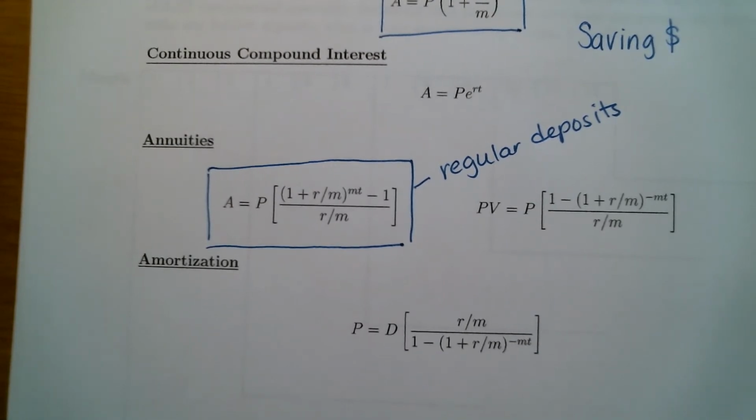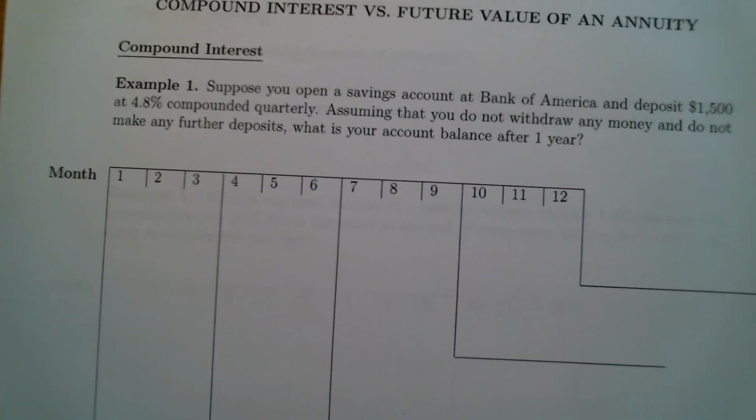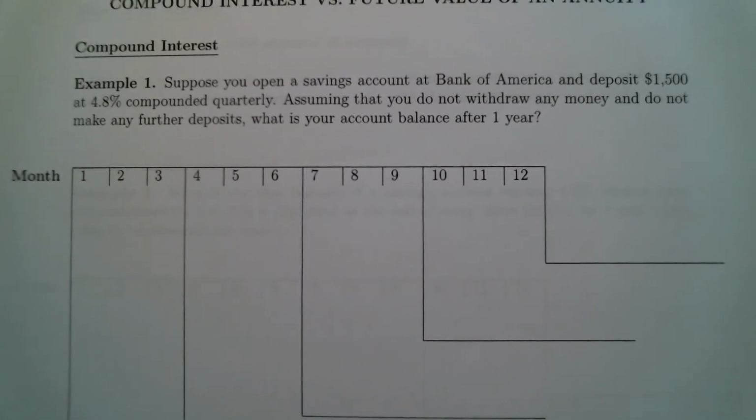So the first thing we're going to do in example one, we're going to look at compound interest. I'm going to give you a scenario, and we are going to map it out. And then we're going to do the same exact scenario, but from an annuity perspective, so you can see how the two situations differ. So let's go ahead and read this.